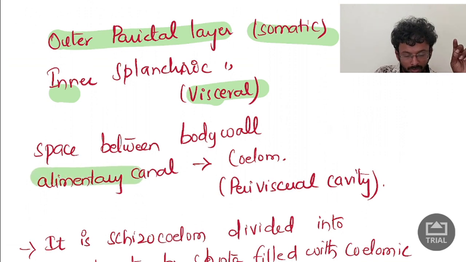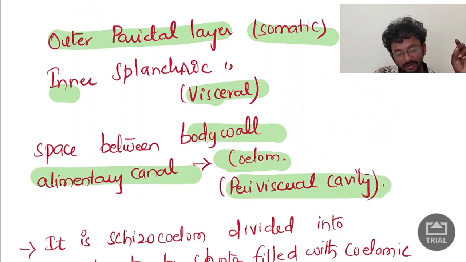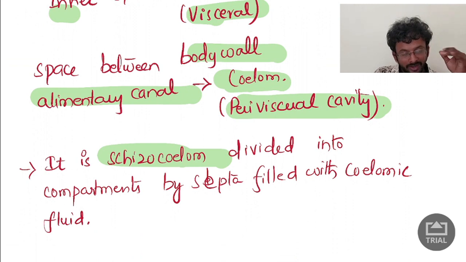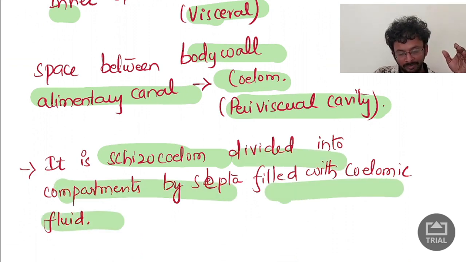The space between the body wall and the alimentary canal is called coelom, also called the perivisceral cavity. It is a schizocoelom divided into compartments by septa, which is filled with coelomic fluid.